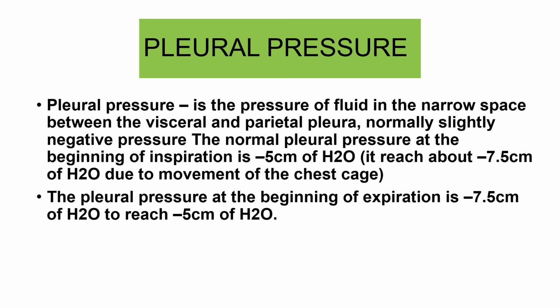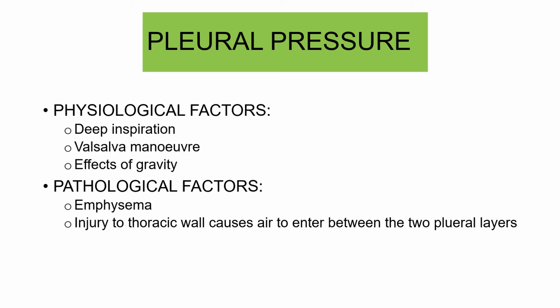What will happen if this pleural pressure increases? How will it increase? Either because of injury to the thoracic wall. When the thoracic wall is open, air will enter in between the visceral and the parietal pleura.